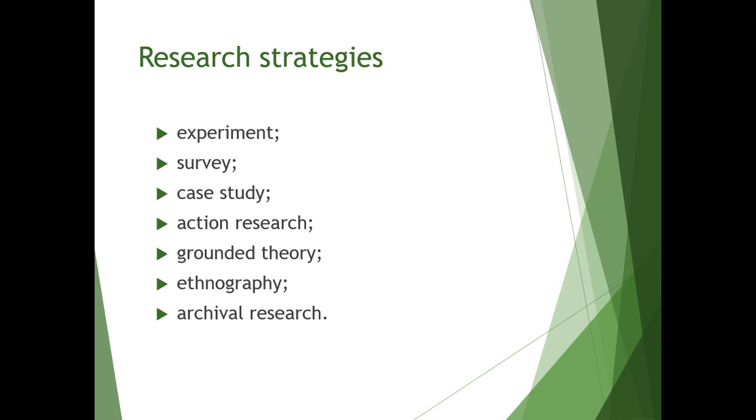And finally, there is archival research, when you go and search records. For example, you want to see how advertisements have evolved. So instead of doing anything else, you go for archival research. What does it mean? It means that you can check the newspapers of the last 100 years.